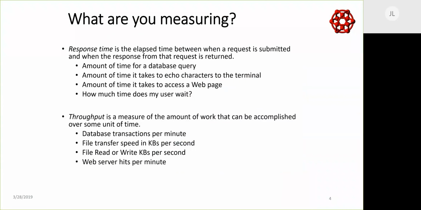That's a little bit different to throughput, which is how much can I get through in a particular amount of time. One of the things that's well known about the Power systems is they are really designed for throughput. Response time is part of that, but they're really designed to do a lot of things at the same time. That's one of the things that SMT gets for you. So typically we're going to be looking at throughput-based things.